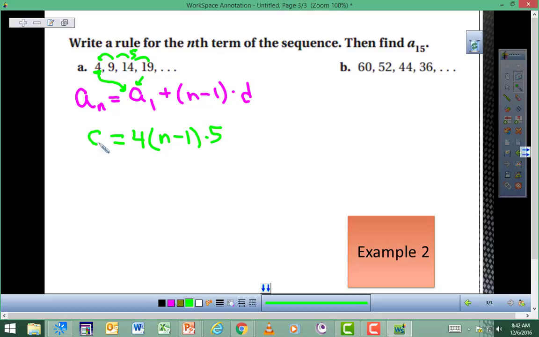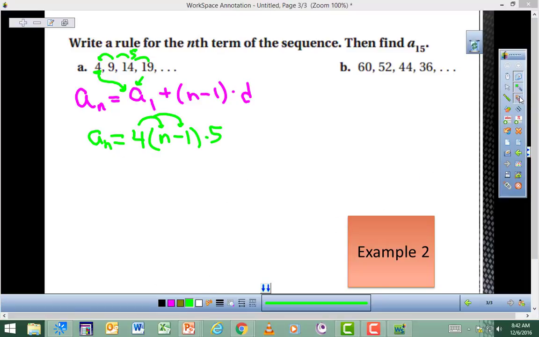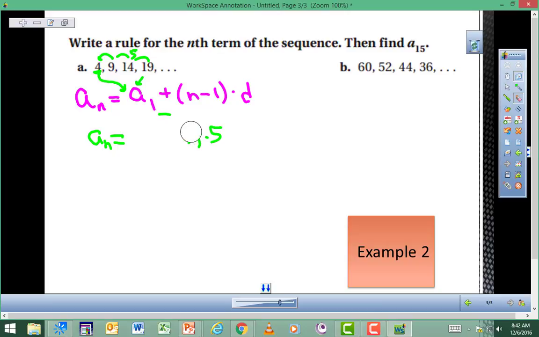Okay. So now what we do is just clean things up a little bit. We could actually leave it the way it is, but most of the time we just multiply this out a little bit, clean things up a little bit. We could also multiply by this 5. So, oh, hang on, I have a mistake here. I was wondering, something looked funny. Hold up here. I didn't copy it right, did I? So, let me fix this.